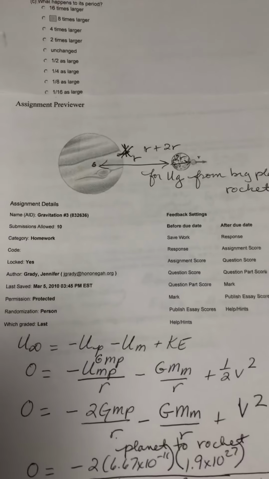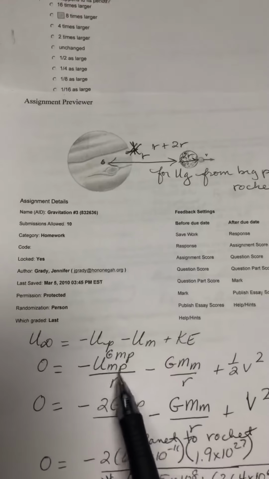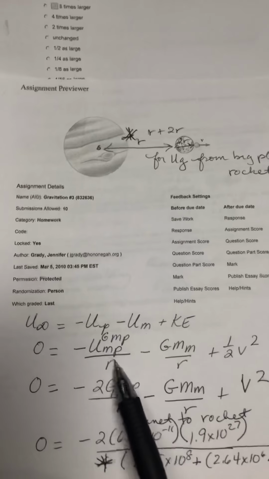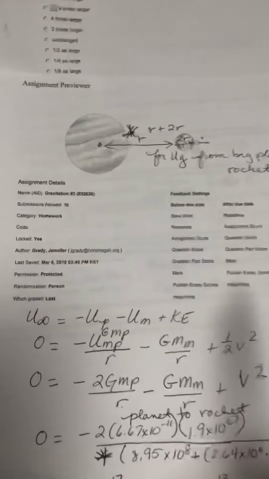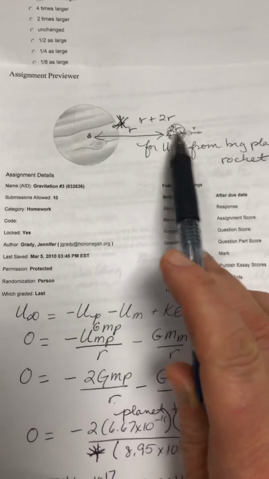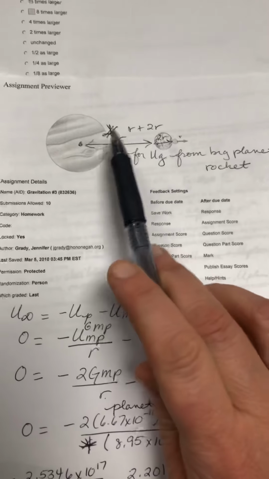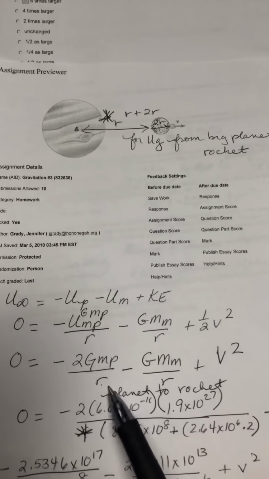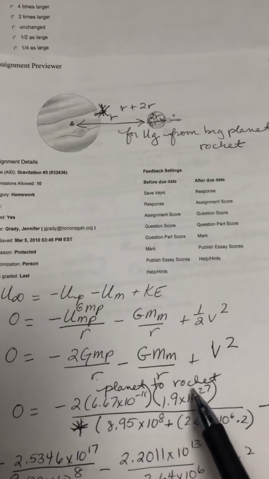But the key thing to keep in mind here is that this one is obviously going to go to zero. This r, technically it's not r, it's this distance plus 2r, which is for the moon itself, not the same value of r, obviously, but you have some addition to do here to get this value underneath. You go from the planet all the way to the rocket, so watch out for that.